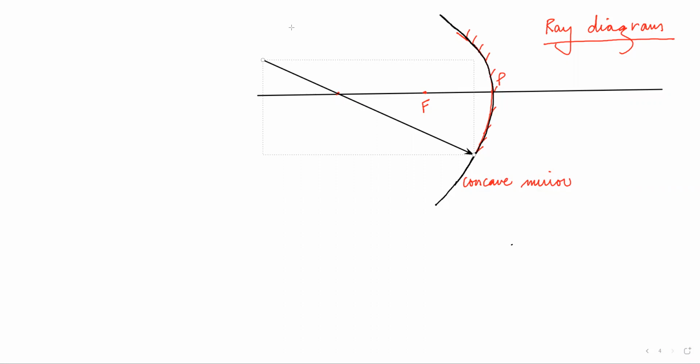This point is C. The incident ray is touching C and coming here. In which direction will it go back? See, draw the normal again. See, student, this is the normal. Sorry, this is the tangent. Normal is the same. So the incident angle is 0.